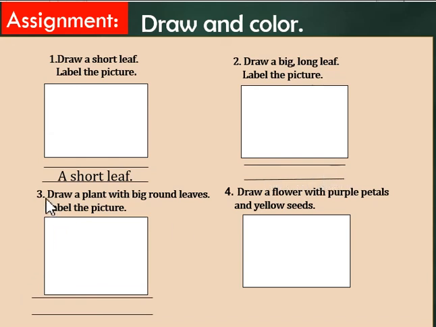Number three, draw a plant with big round leaves. When you say leaves, there are so many. Number four, draw a flower with purple petals and yellow seeds. You draw a flower and color it purple, and inside is yellow.